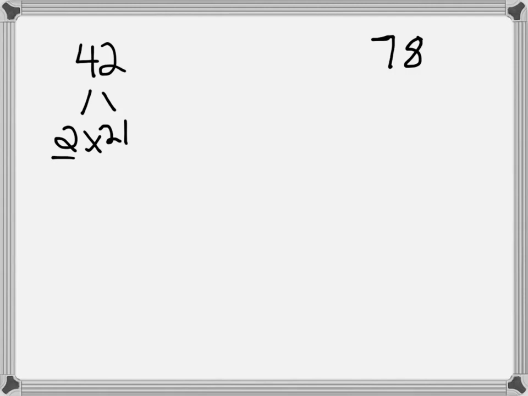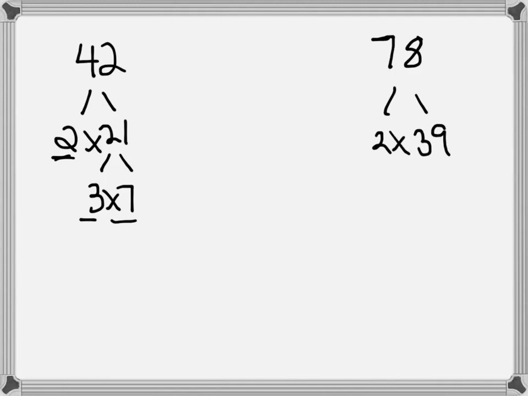We underline 2 because that's a prime factor, and 21 is 3 times 7. So 42 is 2 times 3 times 7. For 78, we have 2 multiplied by 39. 2, of course, is the prime factor, we underline that, and 39 is 3 times 13. So 2 times 3 times 13 is equal to 78.